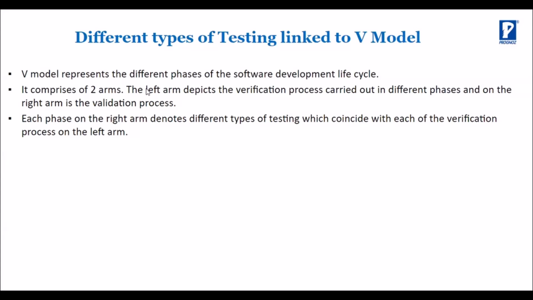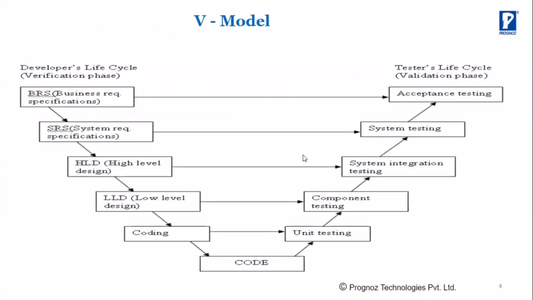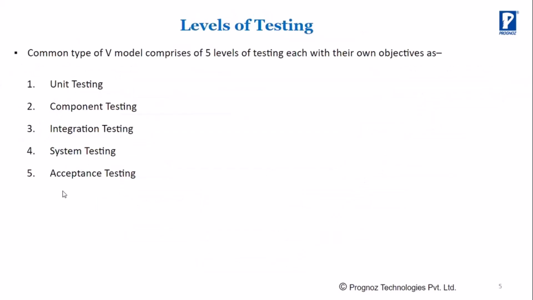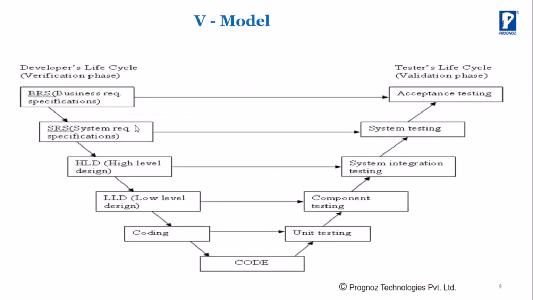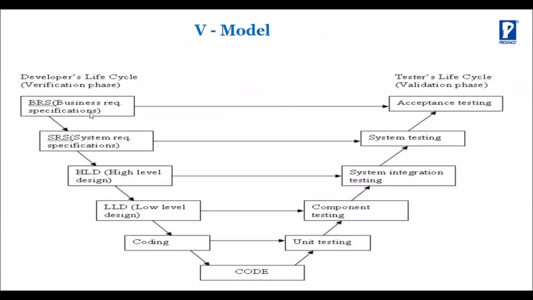So for unit testing, you refer to the coding phase of the left arm. We have that diagram in front of us. So this is the V model: the developer's life cycle, SDLC, is verification, whereas validation is the tester's life cycle.